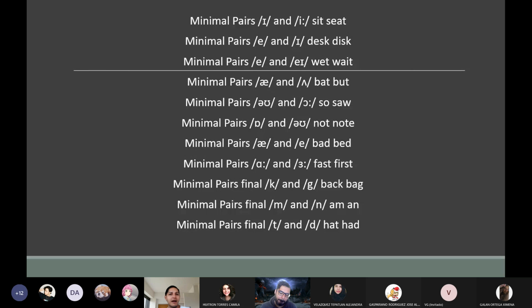Here you have, thank you for your efforts, of course. Here you have set and seed, short sound, long sound, desk and desk, wet, wait, but. Those are the representations, okay? But.